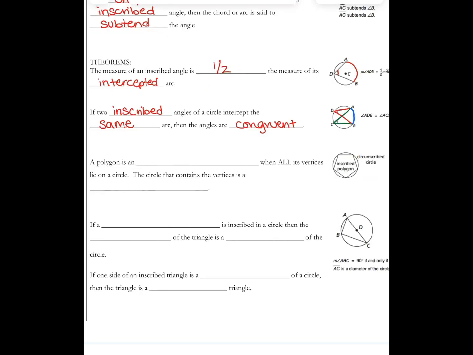Another theorem states a polygon is an inscribed polygon when all its vertices lie on a circle. The circle that contains the vertices is a circumscribed circle.